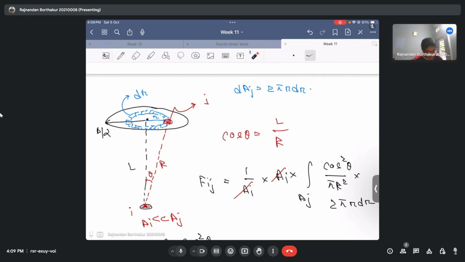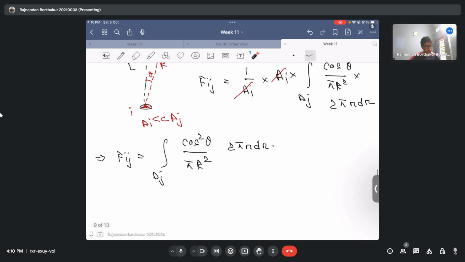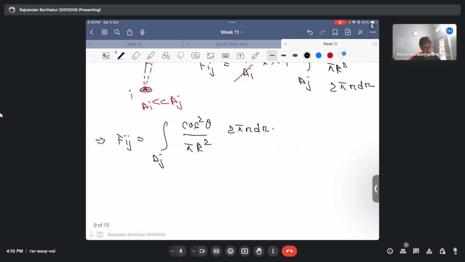Or in other words, capital R is the center to center distance of the differential area Aj to the center of the differential area Ai. Okay, please don't confuse that.